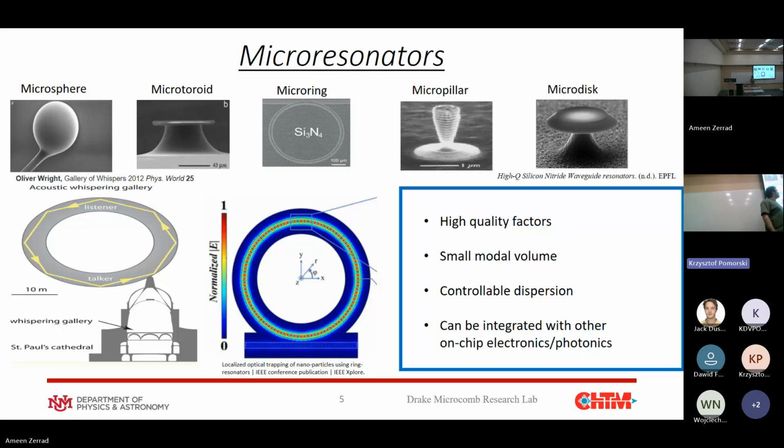You want a small modal volume because the intensity is inversely proportional to the area, so the smaller the volume, the more intensity you can build up. With a microring resonator, you have good controllable dispersion, which will be very important later in my talk. And this microring resonator can be integrated with other on-chip electronics or photonics.